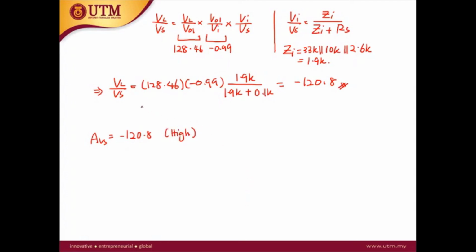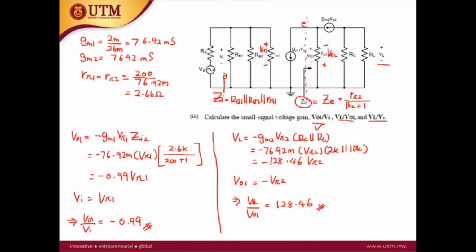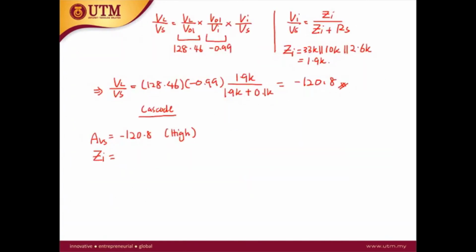So cascode has high voltage gain. How about the input impedance? The input impedance we have calculated here is 1.9K.